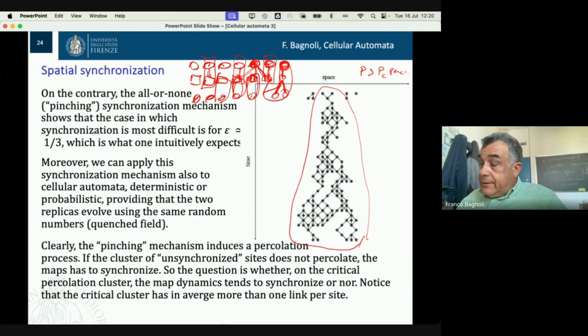So what is important is to study the diffusion of the defect on the critical percolation cluster. The critical percolation cluster, which is the cluster that goes up to infinity, is not made of just a single path, but you can see that there are several paths even in the critical percolation cluster.